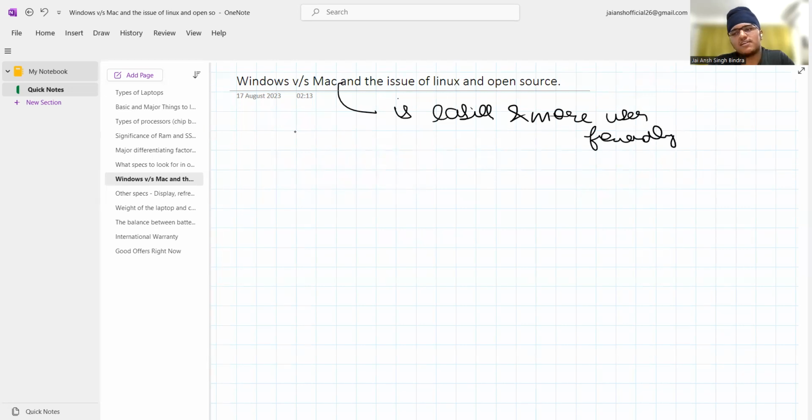If you are a content creator or you need to do some graphics related work, not to the level of gaming laptops, of course, you can go for an Apple, but beware that Apple laptops don't support gaming at all. You can do basic gaming, but I don't think anyone thinks of gaming if they're buying a Mac. Macs have really good battery lives, and their longevity is excellent.